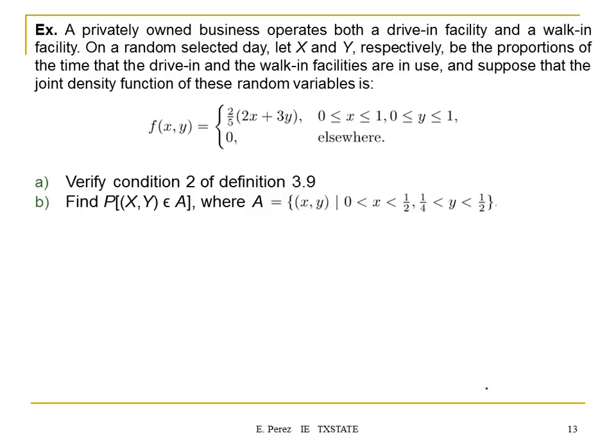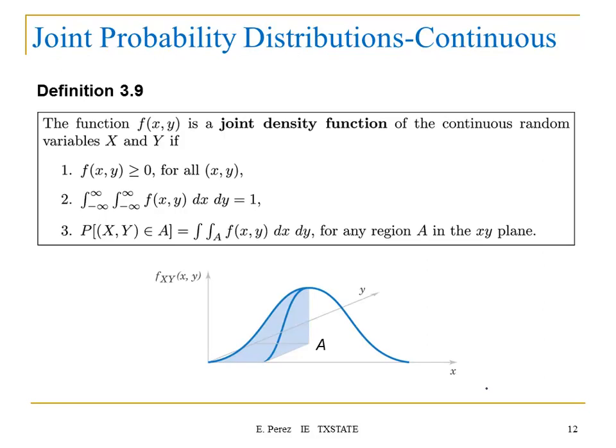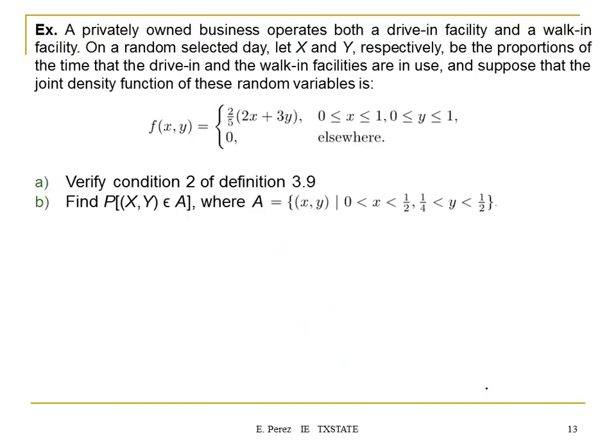Okay? So the first thing we need to do is to verify condition number 2 from the definition. Essentially what we're trying to find out is that the sum of the probabilities equals 1. So you're going to double integrate this function over the ranges of x and y. Let's look at that.